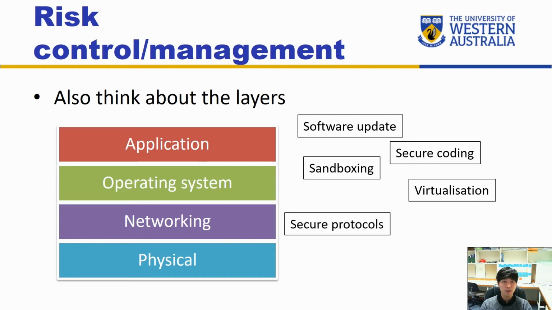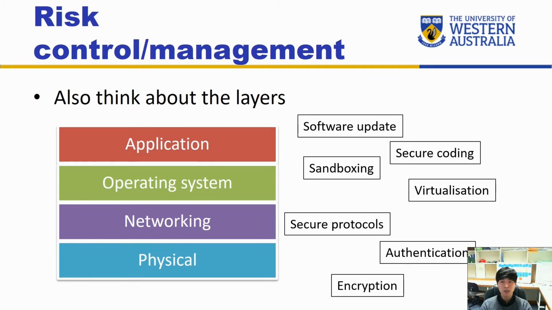We can also have some secure protocols, as well as implementing authentication, and the physical level typically handles encryption. Although it's a bunch of zeros and ones, encryption is actually mapped to multiple layers depending on which protocol we're handling, but we associate encryption with the physical layer.